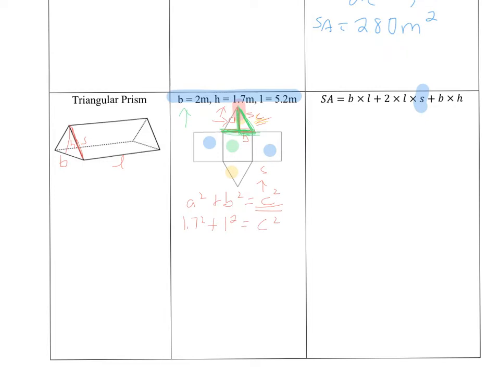At this point, I'm going to put some stuff in my calculator. Good time to pause the video if you want to try this out by yourself. We're going to start with 1.7 squared. So 1.7 times 1.7 will give you 2.89. 1 squared, 1 times 1, gives you 1. We add these up, it gives us 3.89. The opposite of squared is square rooting.